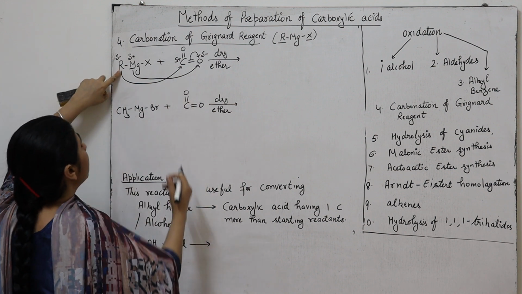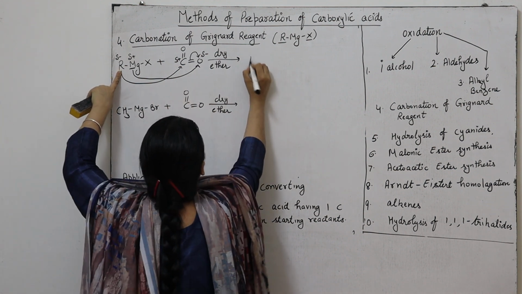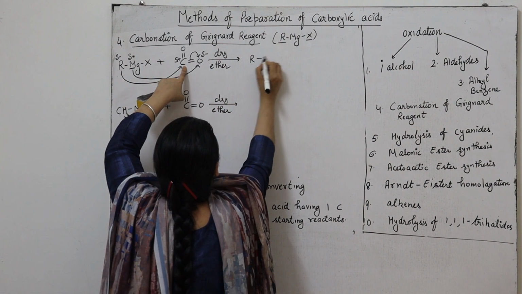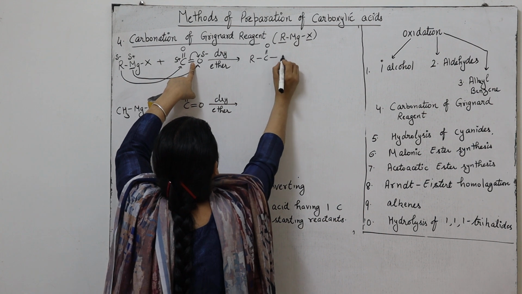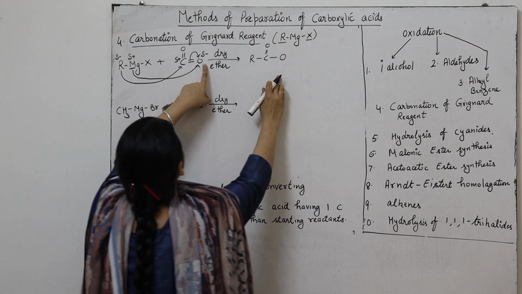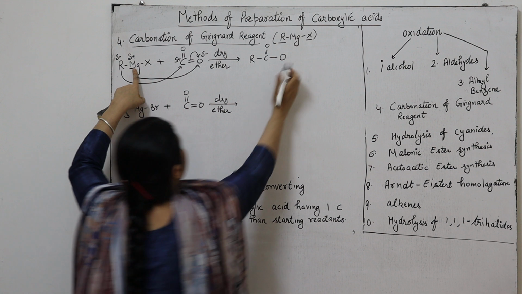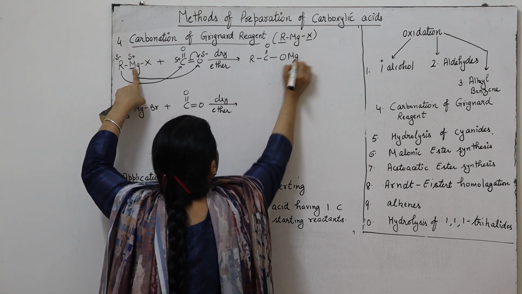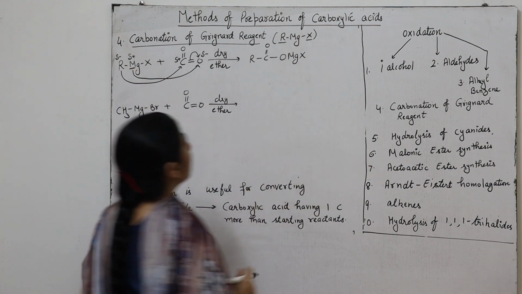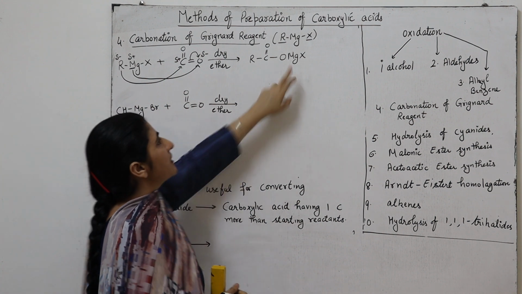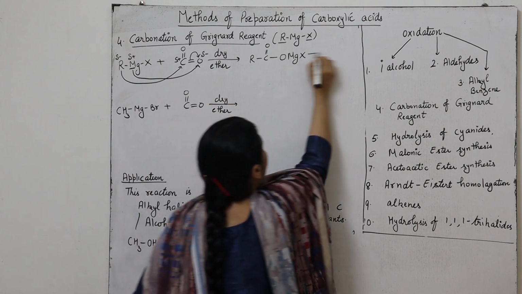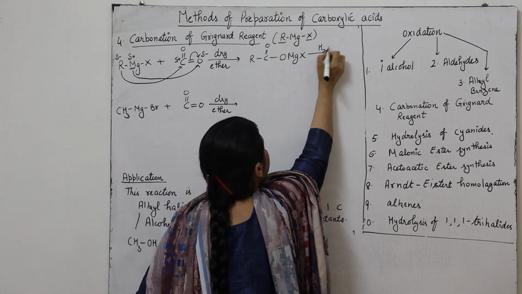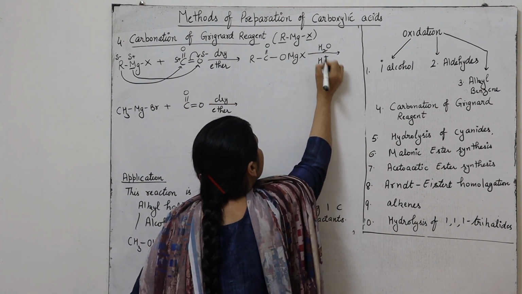So as a result, we get R attached to C double bond O. In this case, a double bond is converted to a single bond, and this oxygen is attached to the magnesium along with X. So this is a magnesium salt of carboxylic acid, which further undergoes hydrolysis in the presence of mineral acid.